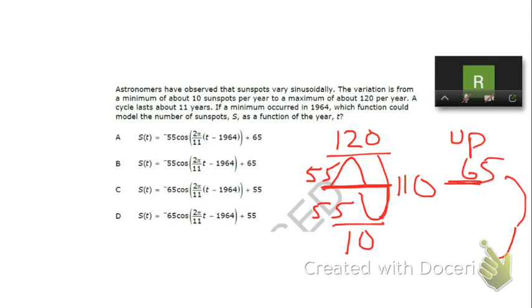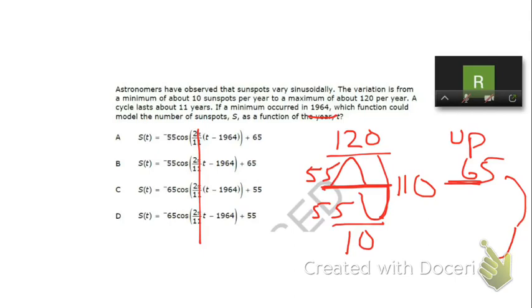Now, the only thing that you have to worry about now is, I don't care about what the period is because they all have the same period, so that's not going to help you. What you need to know now is that we're starting off at 1964. That's my initial value, so we have to shift the whole graph 1964 over.